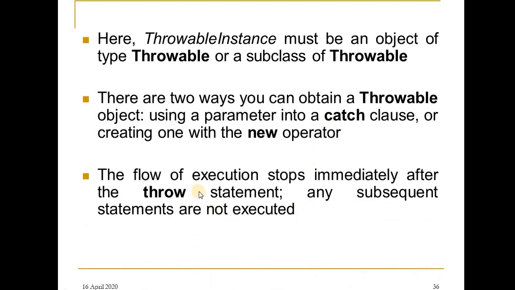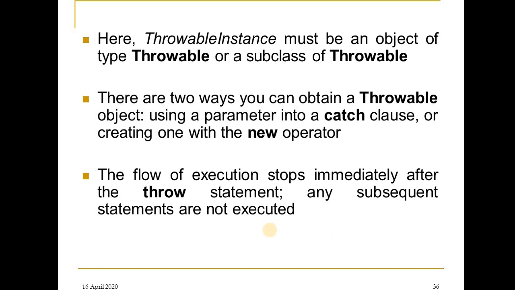The flow of execution stops immediately after the throw statement. Any subsequent statements are not executed. That is, whenever the throw statement is encountered, a new object is created and thrown by the help of a throw statement.